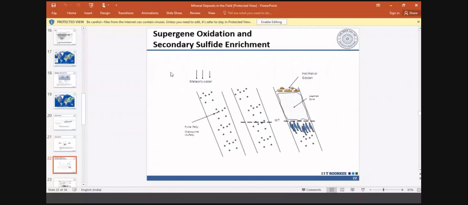This is called supergene oxidation. What happens is, sometimes the mineral deposit formed at the bottom will be coming to the surface because of exhumation. I think probably you must have studied a lot of exhumation, tectonic processes. So when the deposits formed at the bottom, the deeper part of the crust, are exposed to the surface, they're subjected to a lot of oxidation because it interacts with meteoric water.